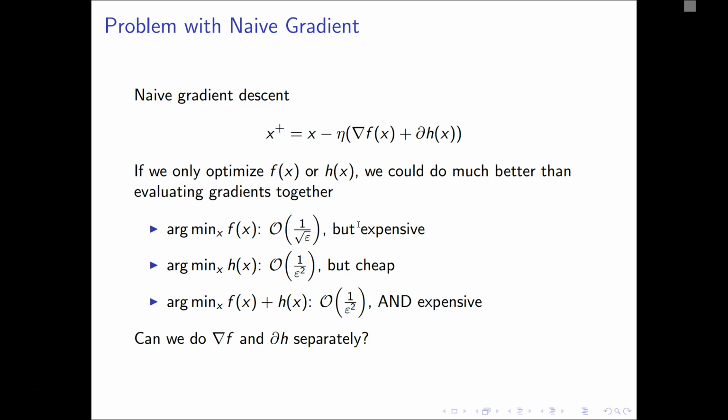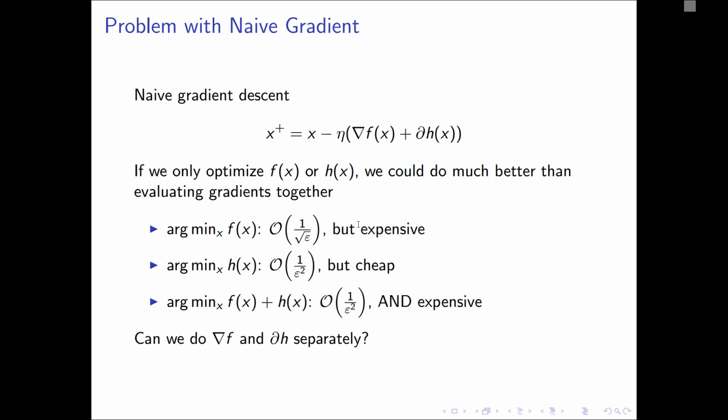And if I do this for h(x), because h is usually non-smooth and non-differentiable, the theoretical guarantee is very bad. For example, 1 over epsilon squared. So imagine your epsilon is 10 to the negative 5.